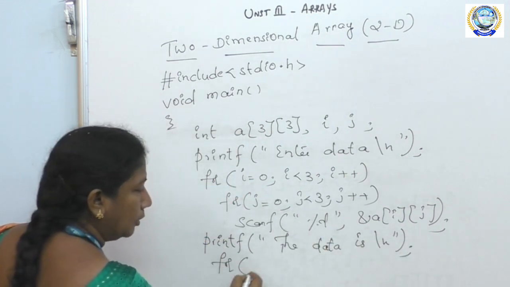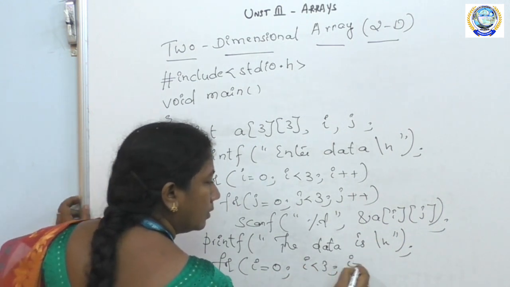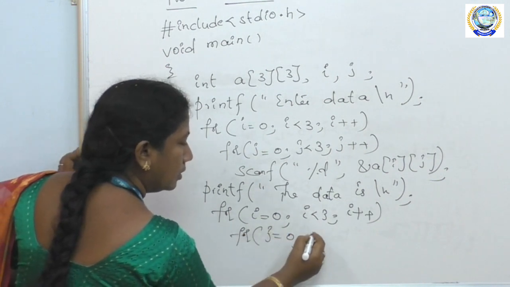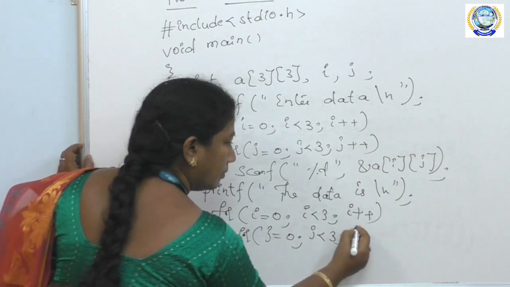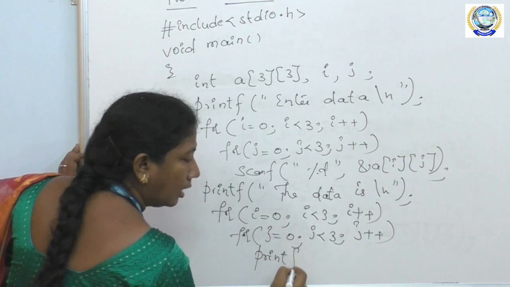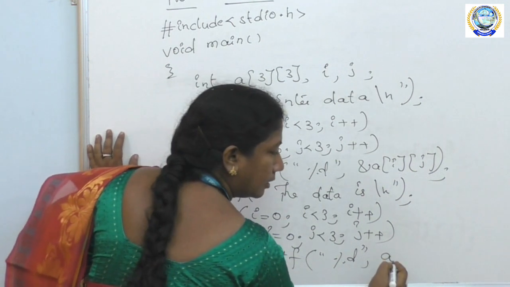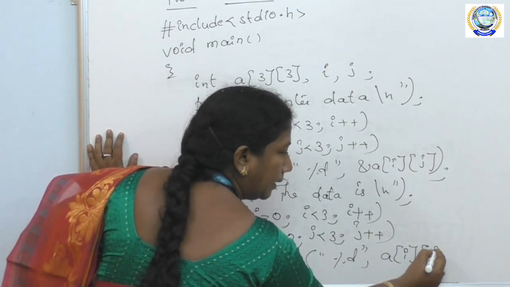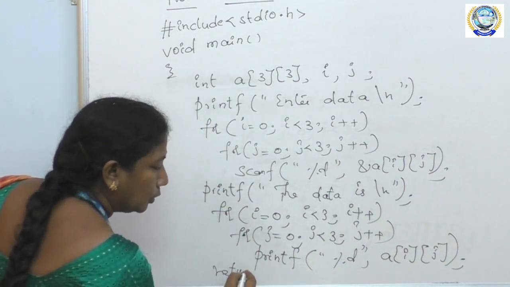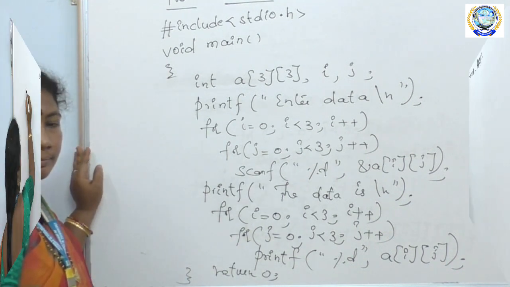Again I have to give two loops, one for row and another for column, because in a two-dimensional array we have both rows and columns. For maintaining both rows and columns, we should give two for loops in two-dimensional arrays.